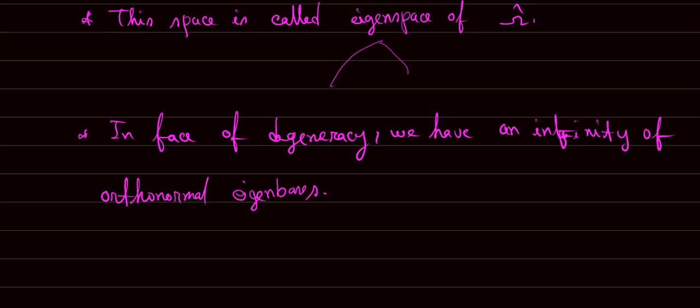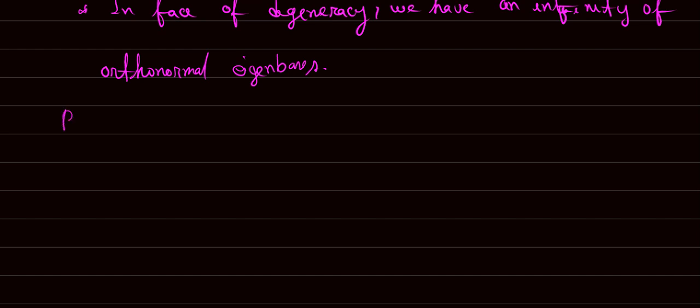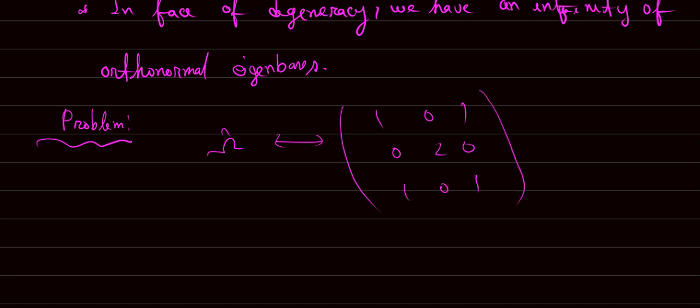So let's do a problem on this. When we have degeneracy, we have an infinite number of eigenvectors. Now consider an operator given by the matrix representation 1 0 1, 0 2 0, 1 0 1.